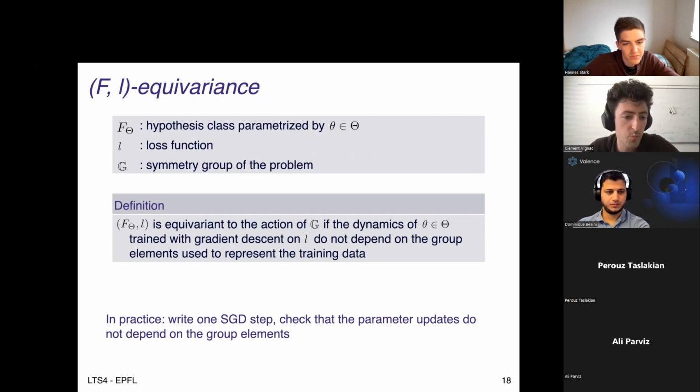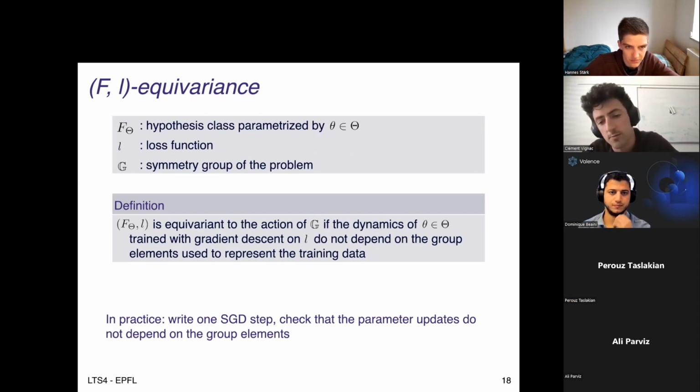And we say that the pair F, L, so hypothesis and loss, is equivariant to the action of the group if the training dynamics of the parameters do not depend on the group elements that represent the training data. If you want to obtain this property in practice, you just need to write one SGD step and check that the parameter updates don't change if you transform your input data.